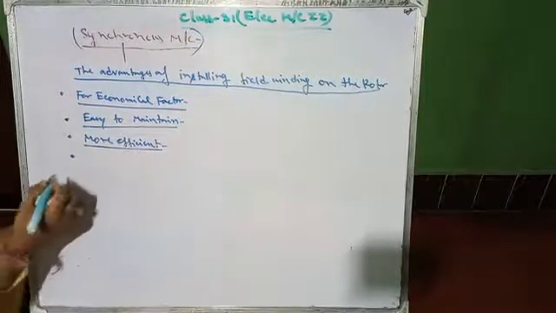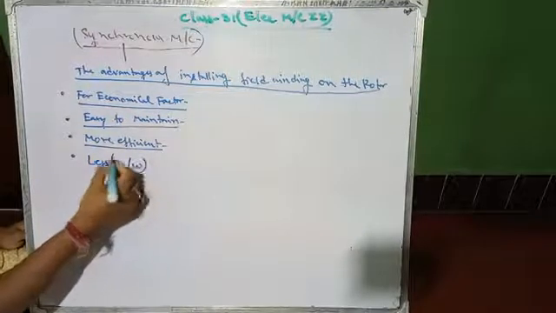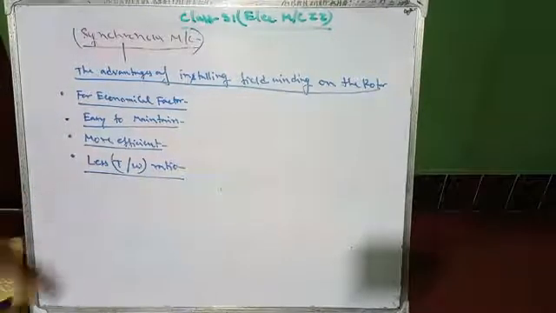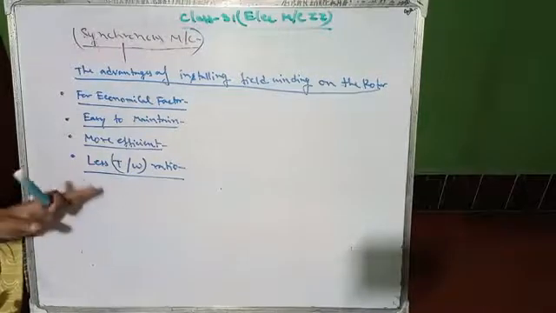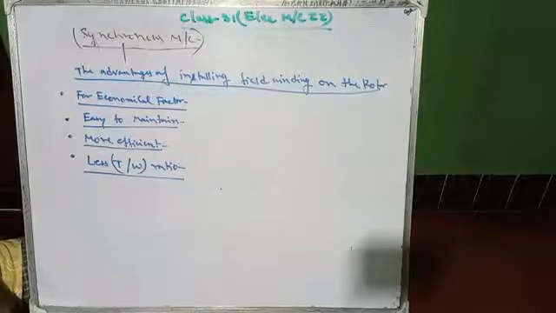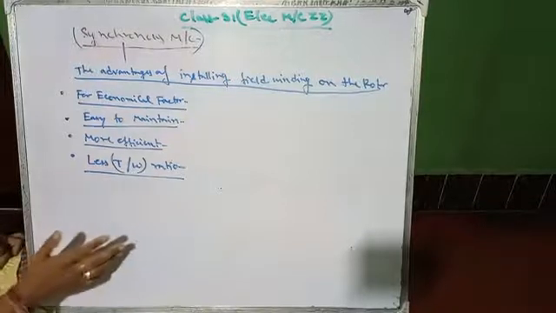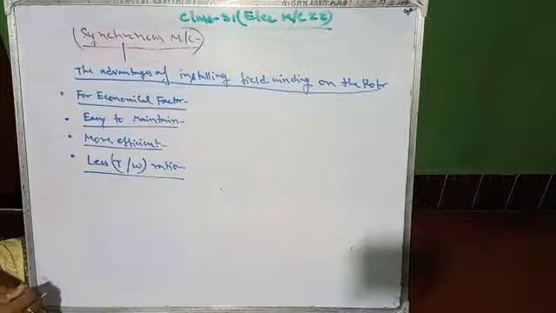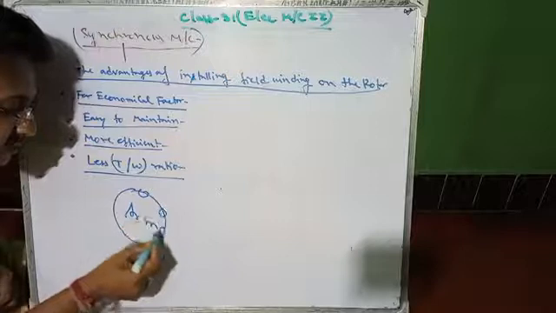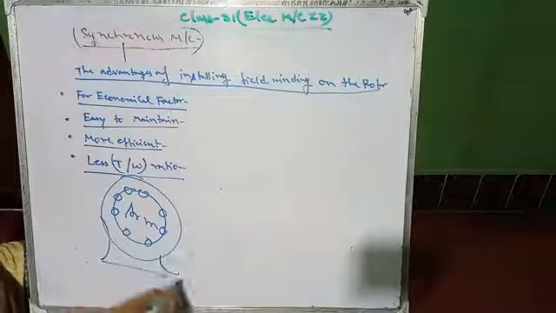Now the last one, the fourth point: less torque by weight ratio, that is the T by W ratio. Since the armature system is heavier than the field system, if the armature system is placed on the rotor, it will increase the rotor inertia.